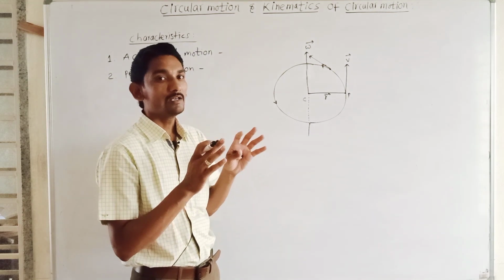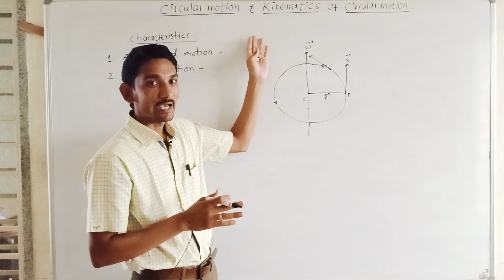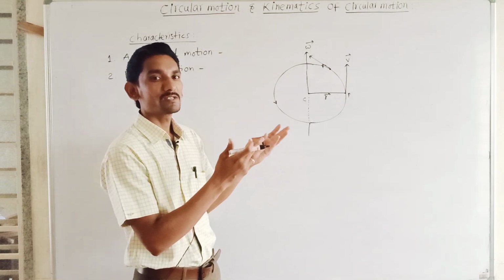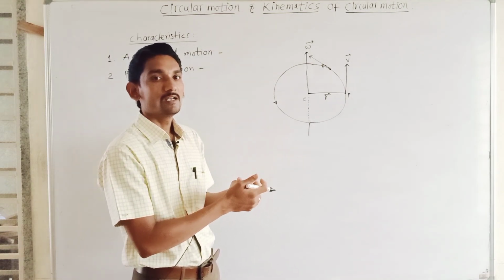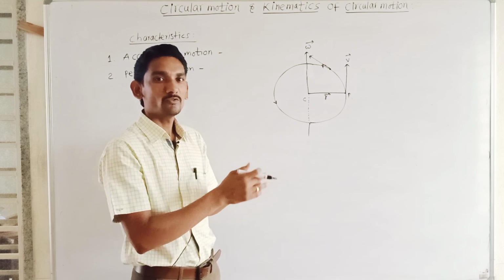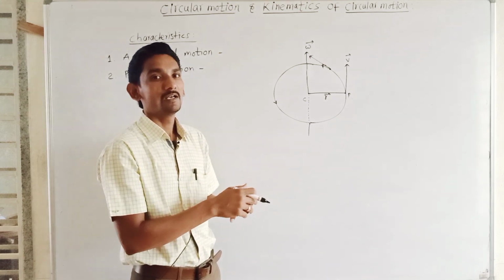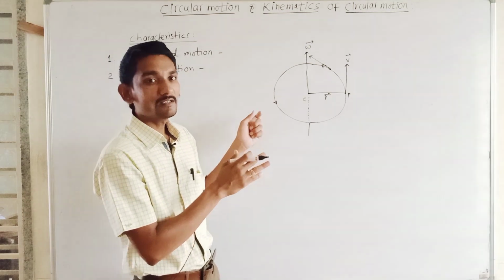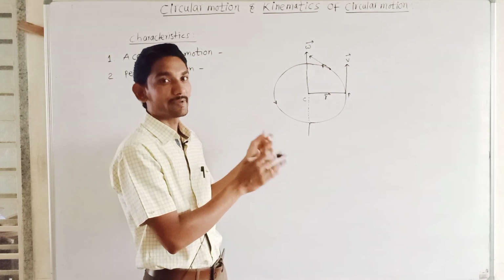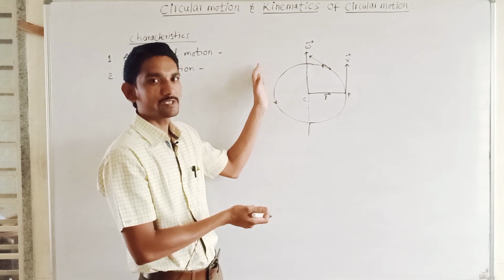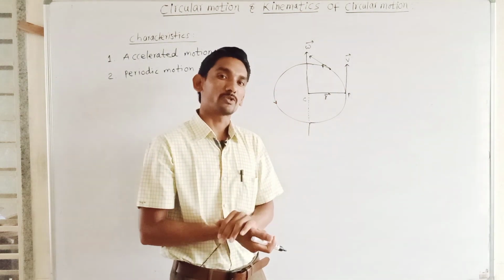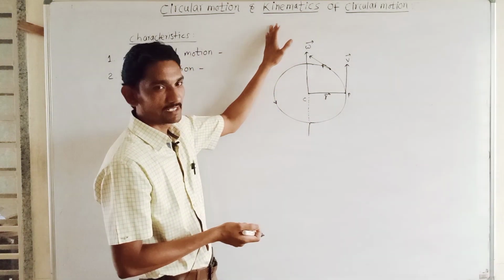That means we don't deal with which force can move the object. We are just observing the motion. So that branch which deals with the motion of an object and not the causes of the motion is called kinematics.